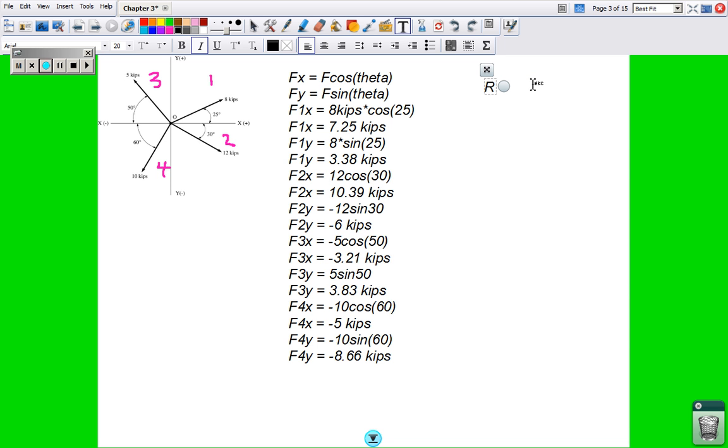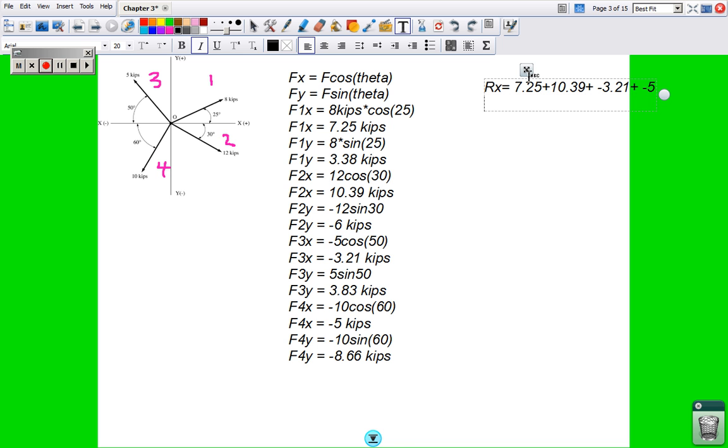Alright, so now Rx is going to be equal to 7.25 plus 10.39 plus the next one is a negative 3.21, and then the next one's going to be plus, and it's also a negative, negative 5.